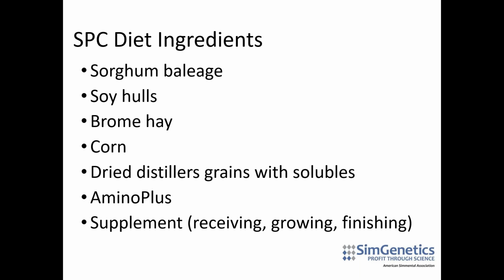Now, dry distillers grains with solubles, depending on what part of the country you're from, you may or may not be familiar with. By and large, the largest source of distillers grains is as a byproduct of the ethanol industry. When we send corn into the ethanol plant to make ethanol, certainly not all of the corn kernel is going to be used.